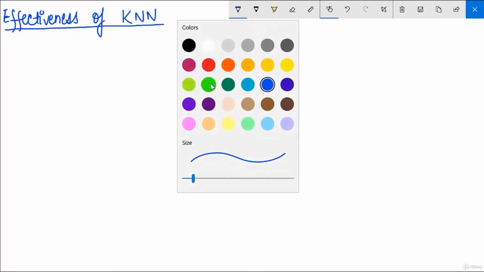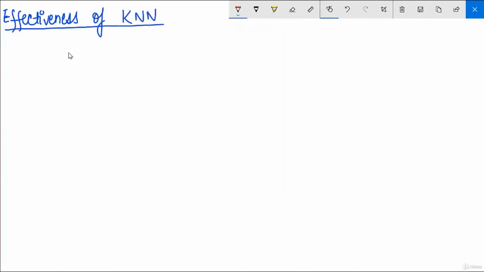Okay, so I'm just creating a table here.